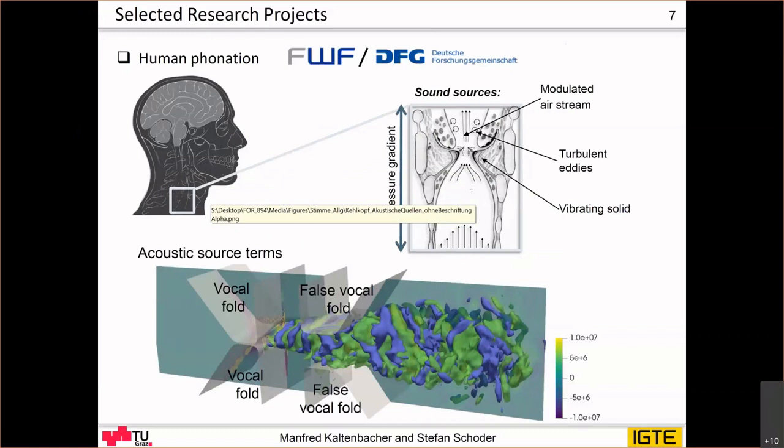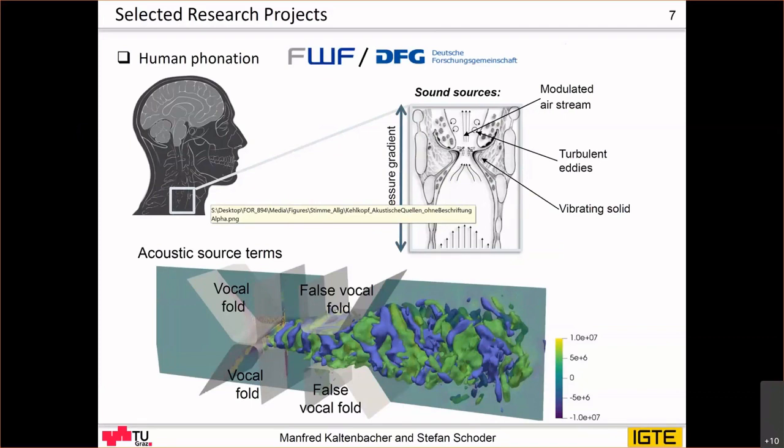For women speaking, it's 220 to 240. And the main objective is to understand how the sound is generated out of the flow, and what is a good voice, what is a worse voice, and what are the parameters influencing it.